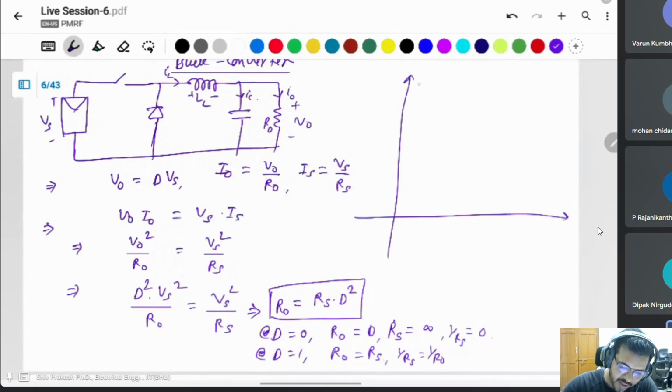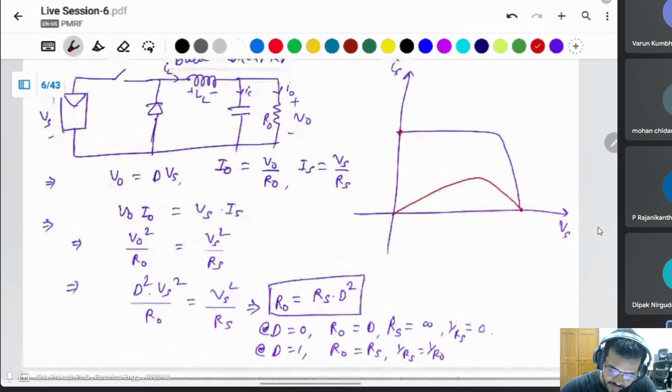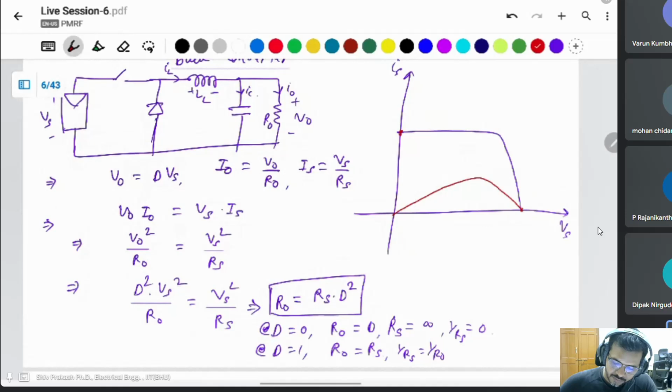Same thing you can draw here: Is, Vs, power line. R equal to 0 means infinite. R equal to infinite means the open circuit.